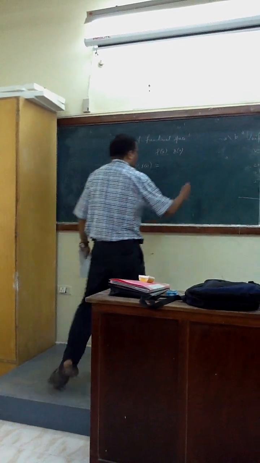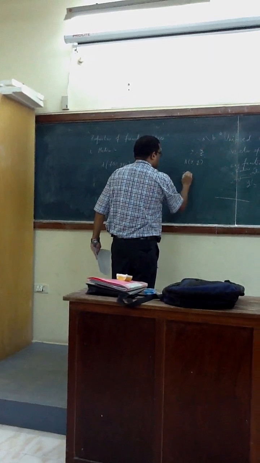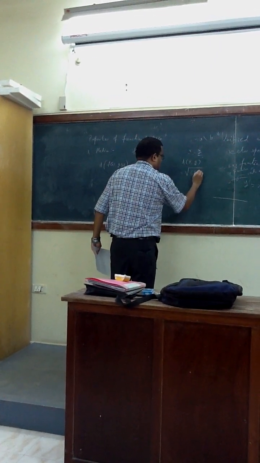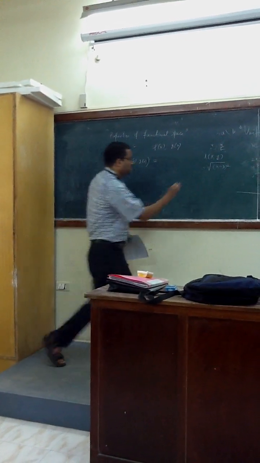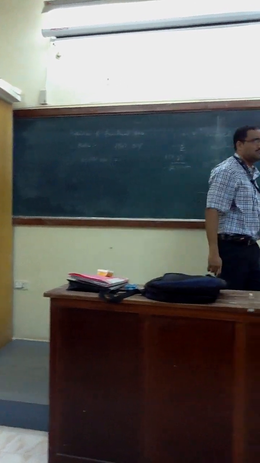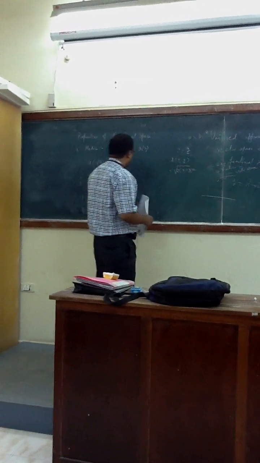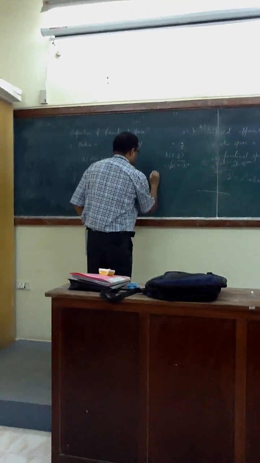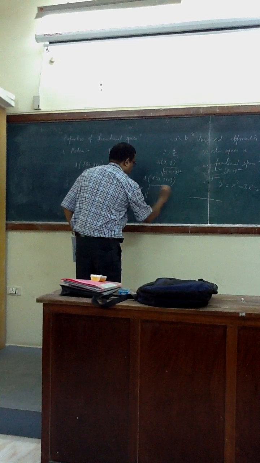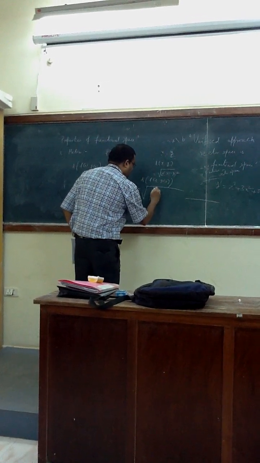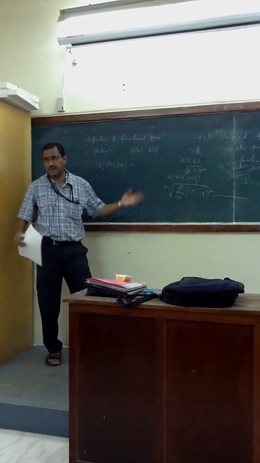The distance between two vectors x bar and y bar, how did we write it? d(x bar, y bar) is the square root of the summation of (xi minus yi) whole square. Similarly, we can write this as d(f(x), g(x)), which is the square root of summation i equals 1 to infinity of (fi minus gi) whole square, infinite dimensional.